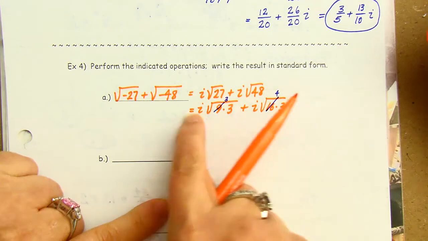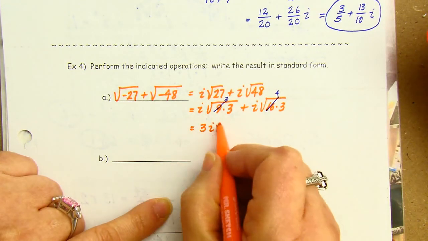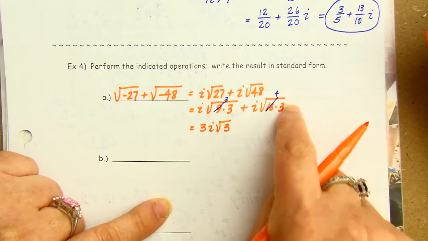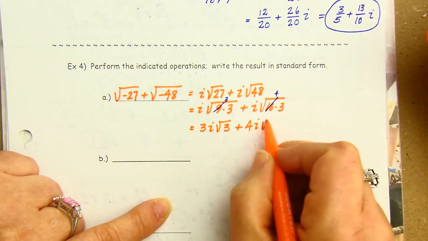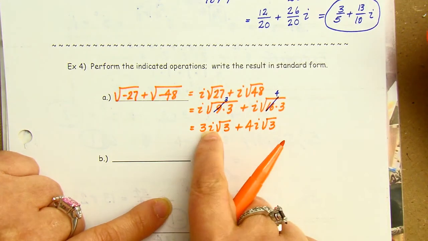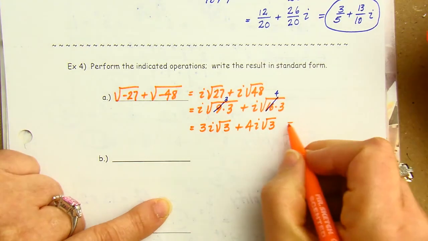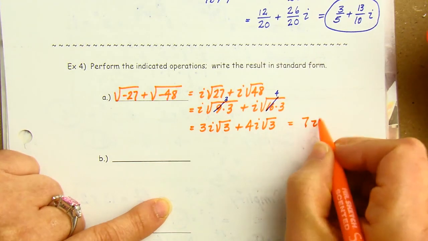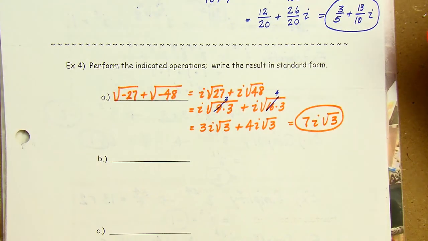So this is 3i root 3. And this is 4i root 3. And if I've got 3 i root 3's and 4 more i root 3's, well, that's 7 of them all together. 7i root 3. Okay, so you kind of have to remember how to simplify the radicals.